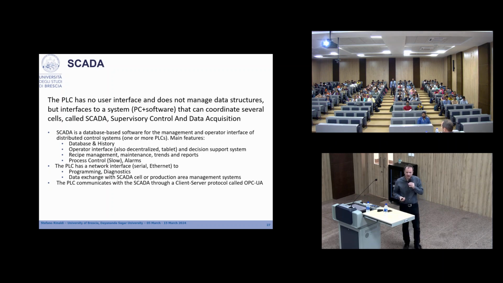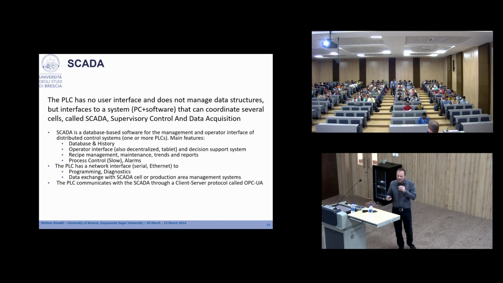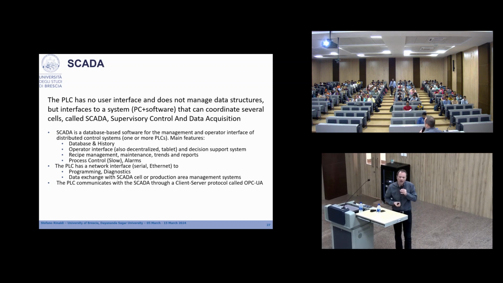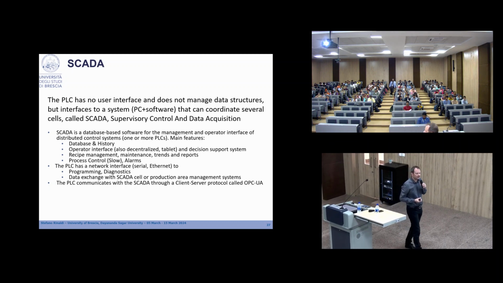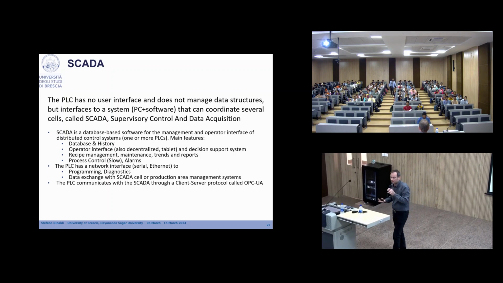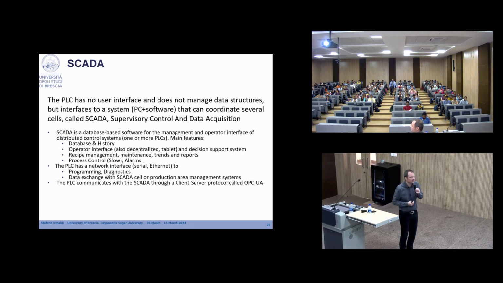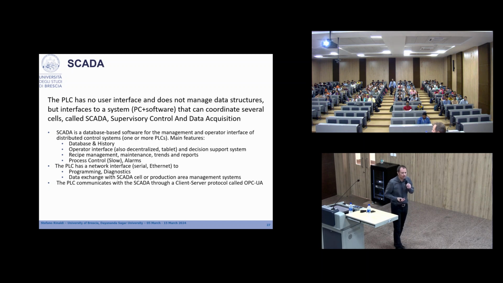As I showed you before, a PLC is not equipped with a monitor. So how can we visually look at the industrial plants? How do we know if the industrial plant is working well? So the only way we have is to use the SCADA system.